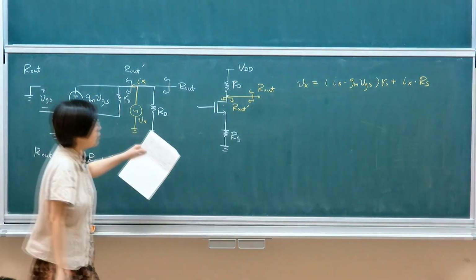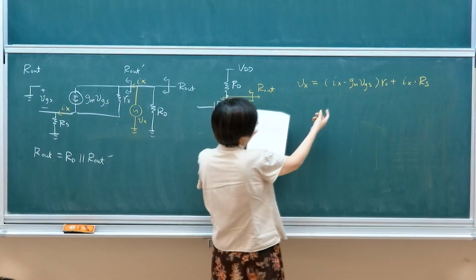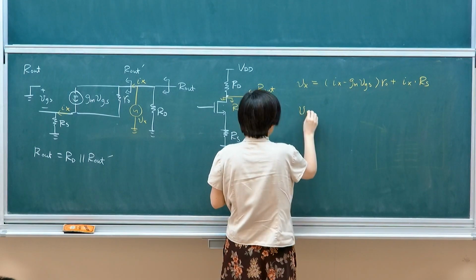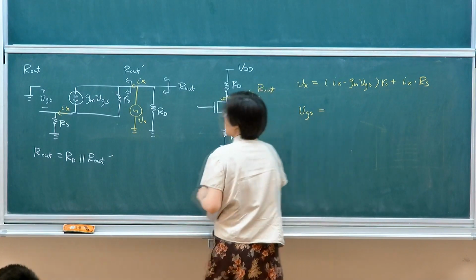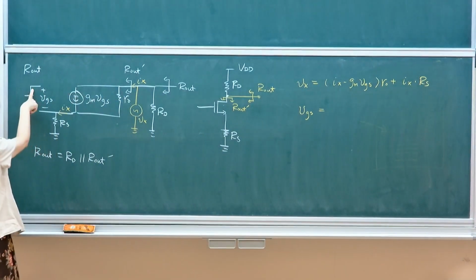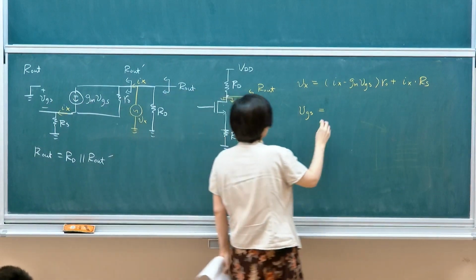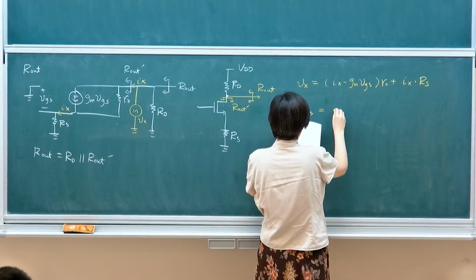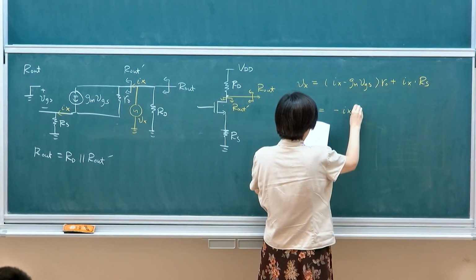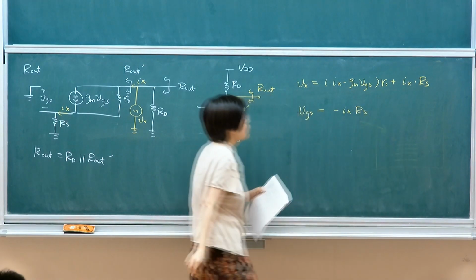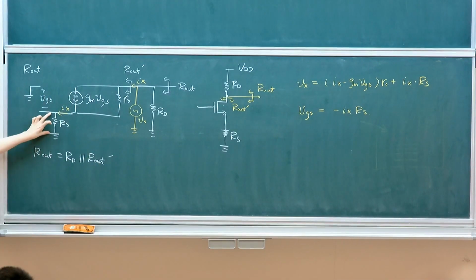Right? So I know Vx. And then the other thing is that you want to know what your VGS is. Because the input is grounded, VGS plus this voltage drop equals minus Ix Rs, which is the voltage across Rs.